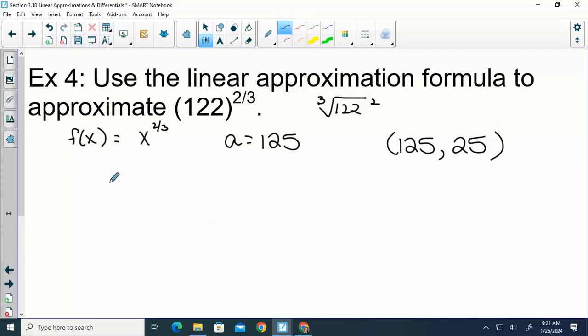So now we do our derivative. Exponent comes down, subtract 1. Okay, you can leave it like this, but if it's easier for you, we know a 1/3 power means a cube root. Because the exponent's negative, it would be on the bottom.